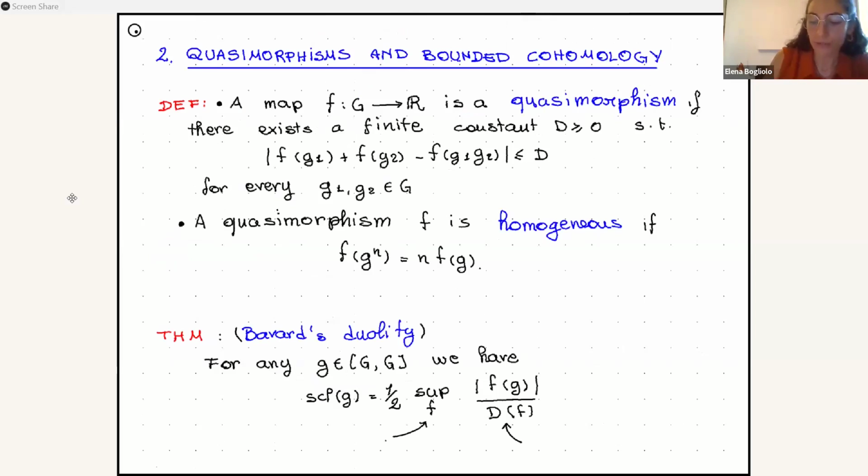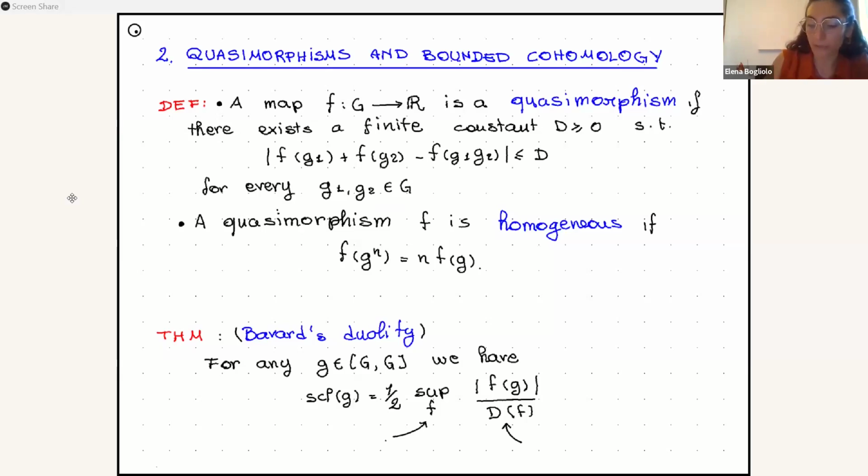First of all, let's recall the definition of quasimorphism. For a group G, a quasimorphism of G is a map f from G to the real line for which there exists a finite constant D such that the absolute value of f(g1) plus f(g2) minus f(g1 g2) is lower or equal than D for every two elements in G. So a quasimorphism, as the name suggests, is a map that behaves almost as a group homomorphism, and it is a group homomorphism when D can be chosen to be equal to 0.